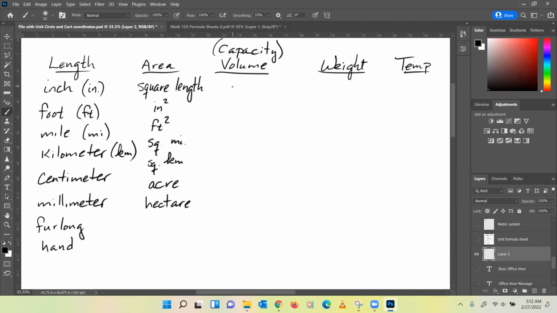Under volume, they'll tell me, how about cubic length? Any one of those lengths cubed, we might have inches cubed or feet cubed. We might use cu, so cubic miles. That's incredibly huge, so we almost never use that. And then I have students say, I don't know any others.